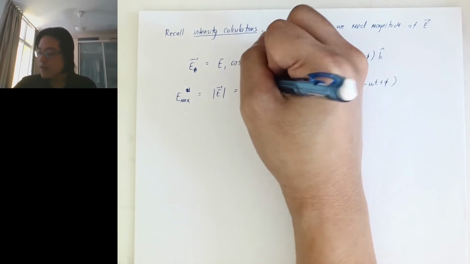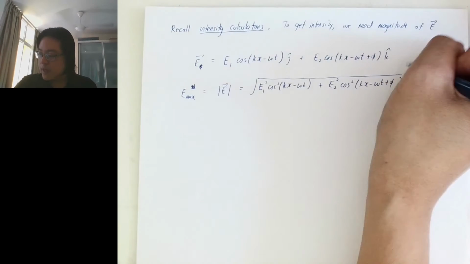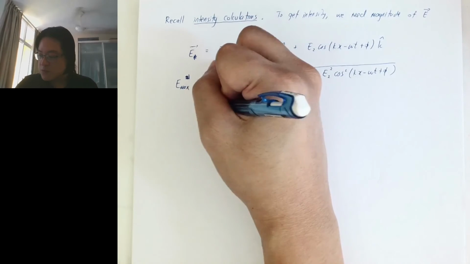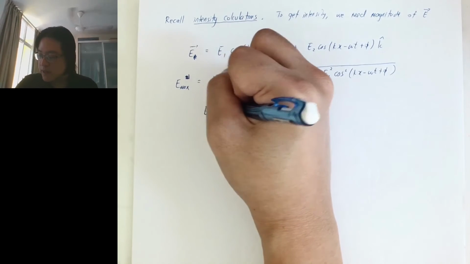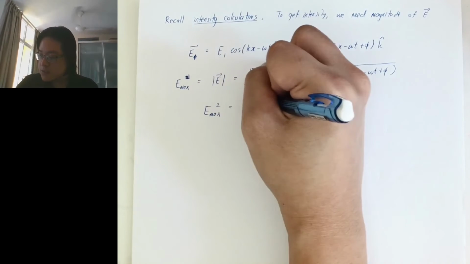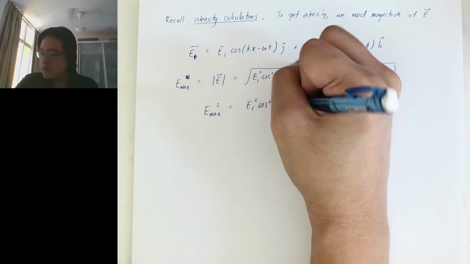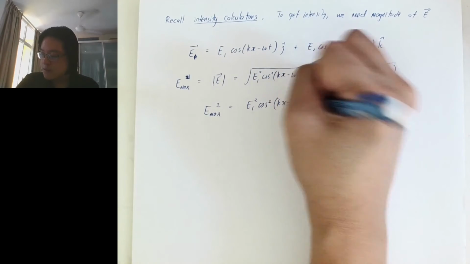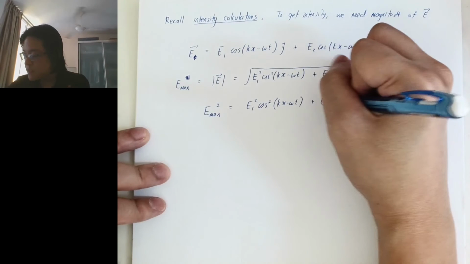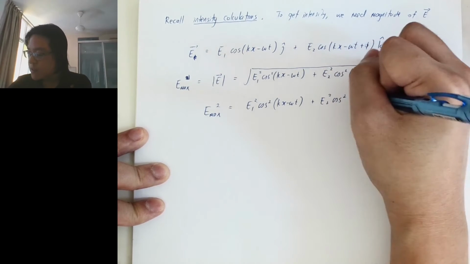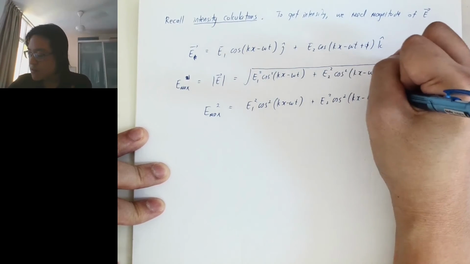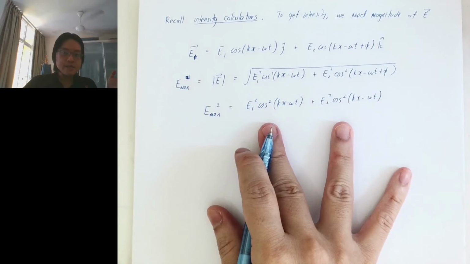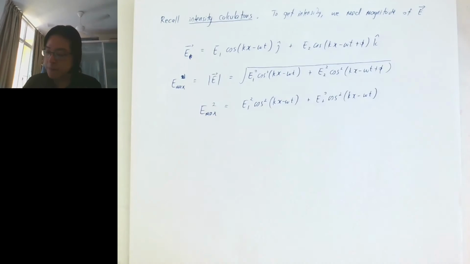And then we take the square root. What we actually need is just the amplitude square. So the E max square is just E1 square cos square(kx minus omega t) plus E2 square cos square(kx minus omega t), right? So I got the x component and the y component.